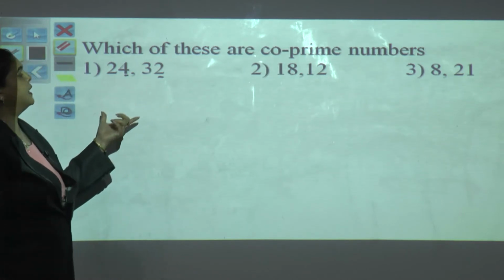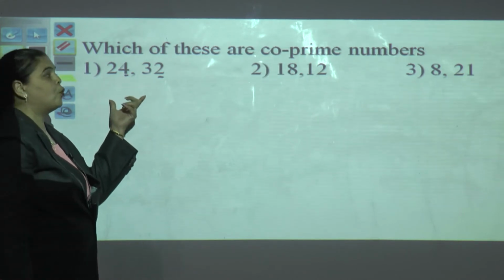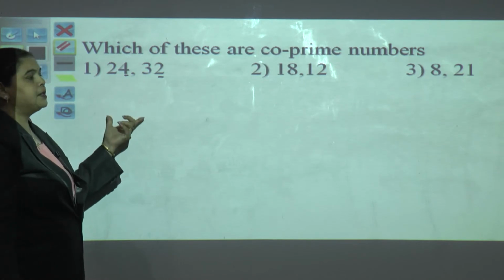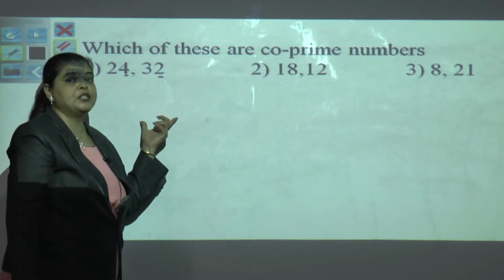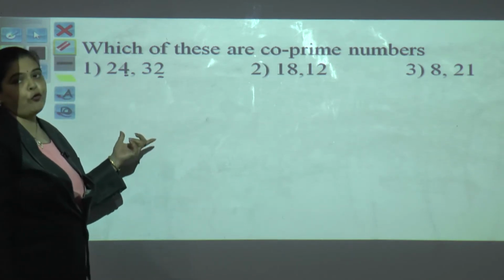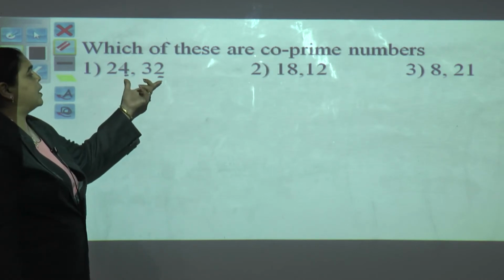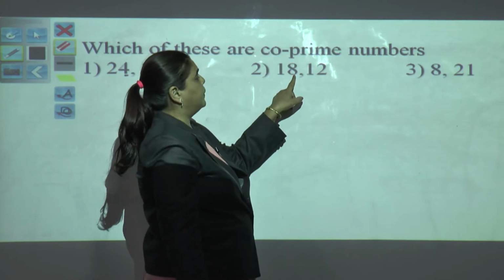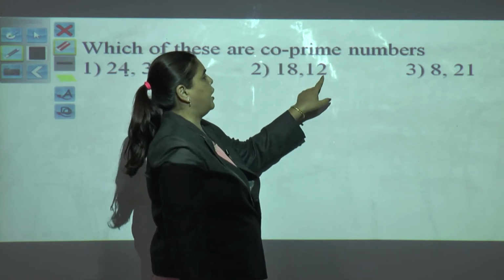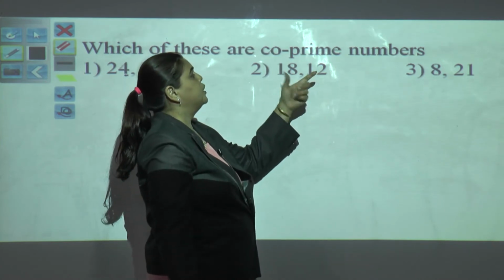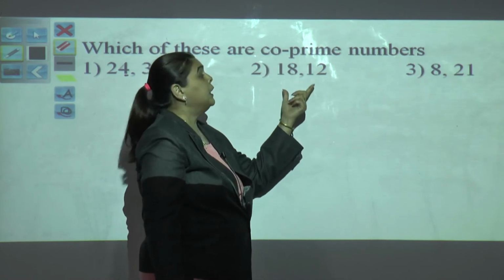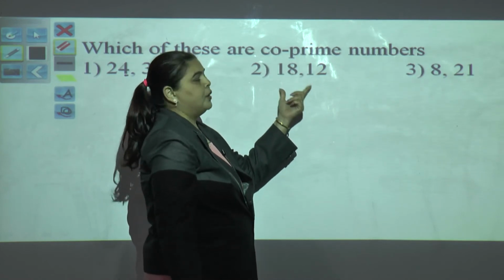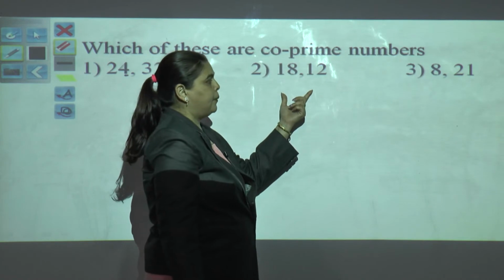That is, we can say these numbers are composite numbers, which means composite numbers are the numbers which have more than two factors. Here also we have an even number in the ones place, and here also. So these are also composite numbers, so it's not a co-prime number.